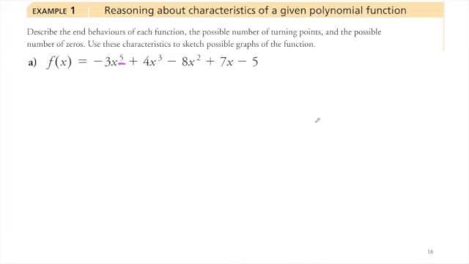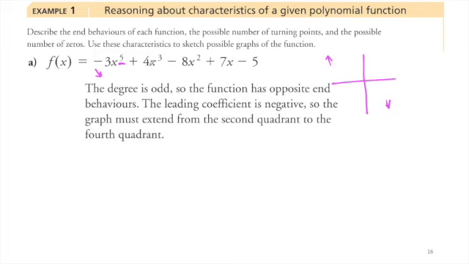Since it's odd, it's going to have opposite end behaviors. And we know that it is a negative coefficient. So when you have a negative leading coefficient, we're going to finish down to the right, which means that you have to start up to the left. And then the maximum number of turning points you have in between is 1 less than this 5, so 4. And the maximum number of zeros you have is 5.